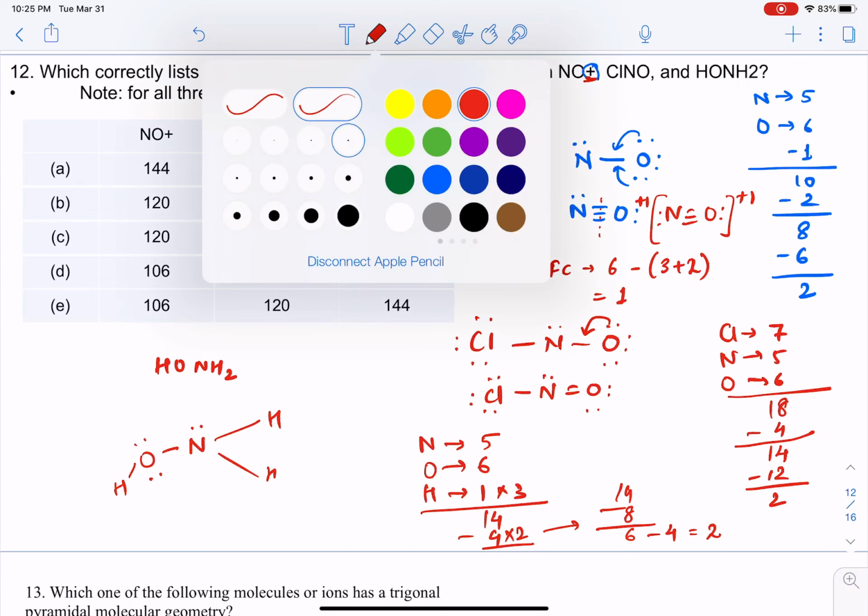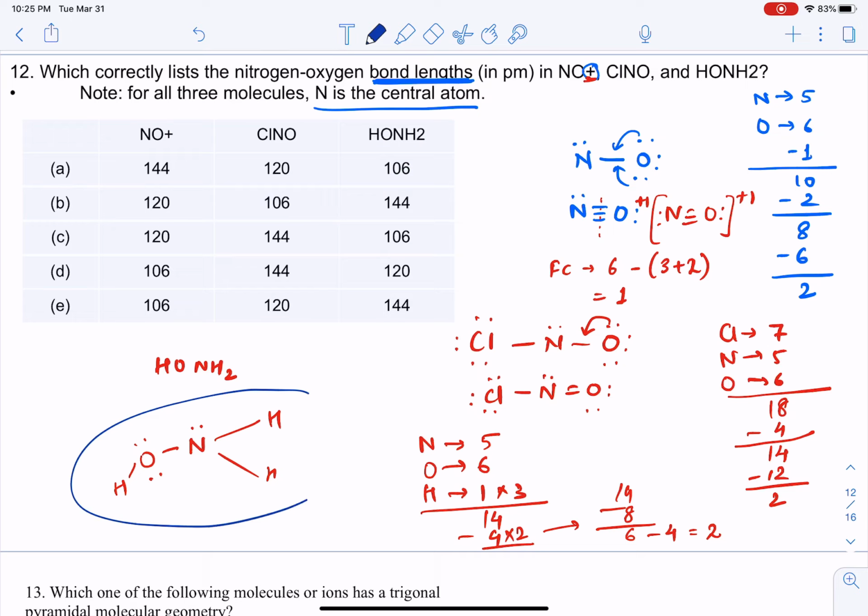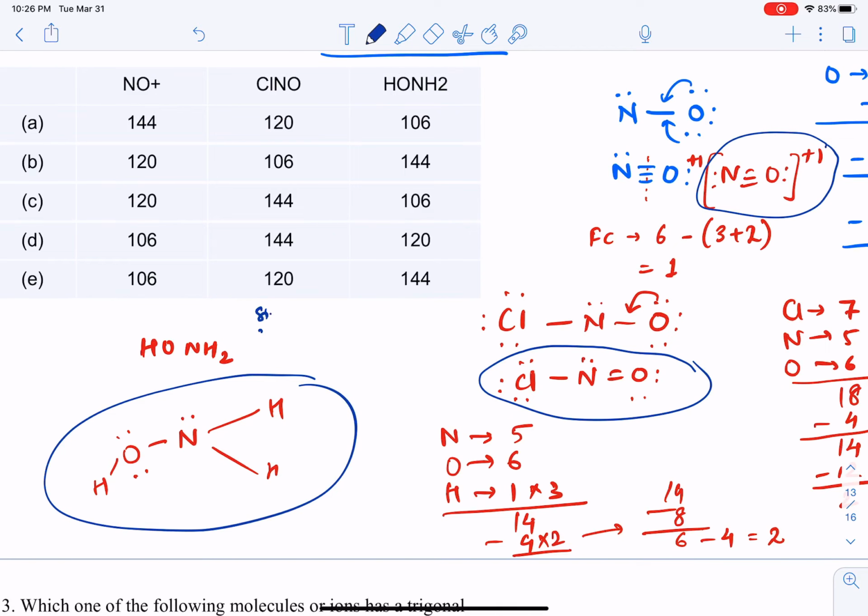So now compare 1, 2, and the third one. Okay, we want to see the bond length. So now you don't need to measure the bond lengths, you don't need to remember them. What you can do is simple. A single bond is bigger in length compared to a double bond, compared to a triple bond.